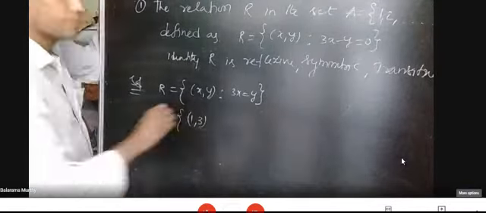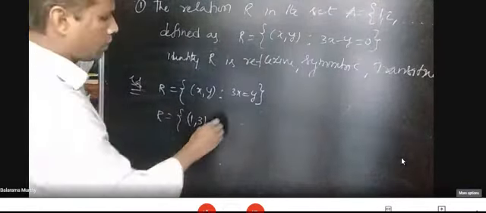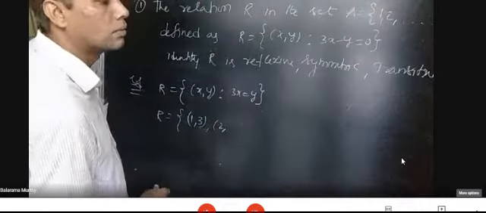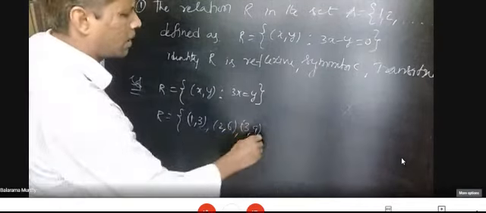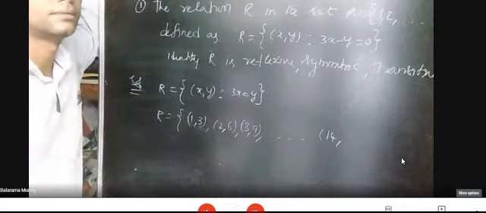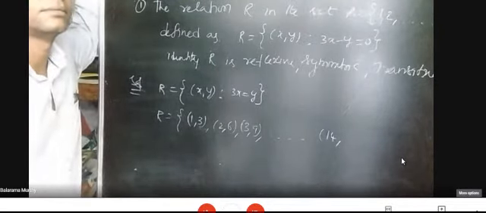Similarly, when x equal to 2, y equal to 6. Next 3 to 9, and so on. When x equal to 12, y equals 36, and when x equal to 13, y is 39. Now, this is the elements in the relation R.